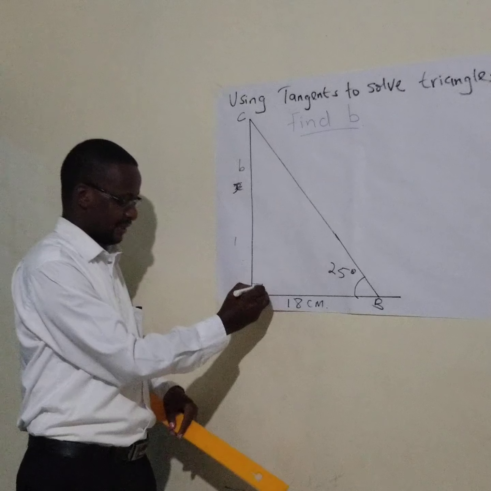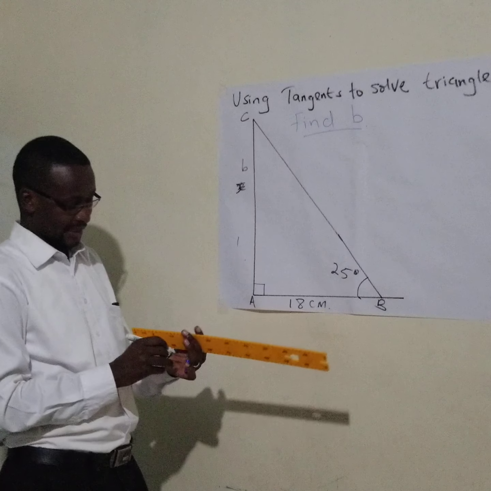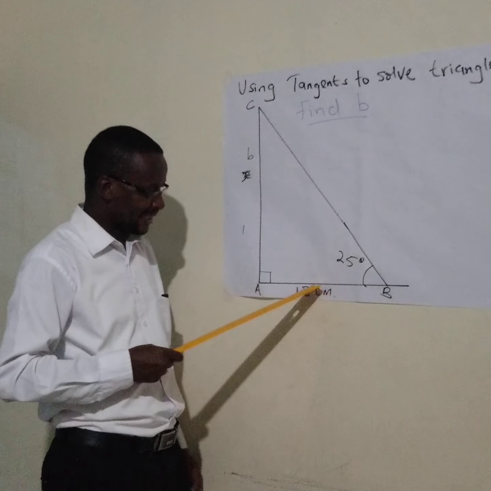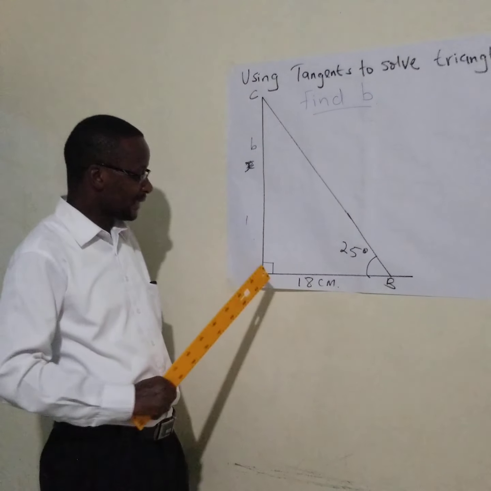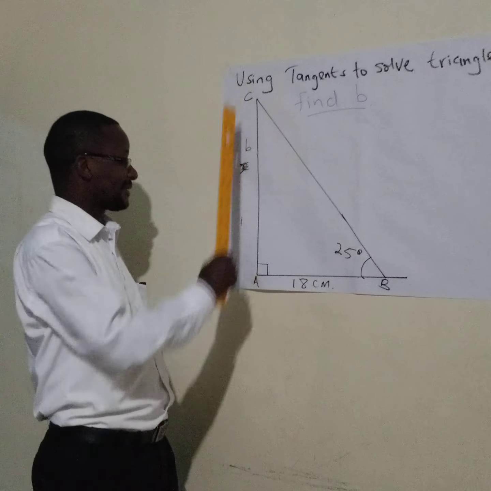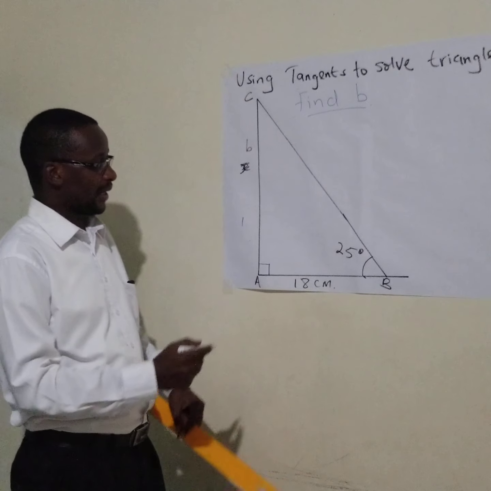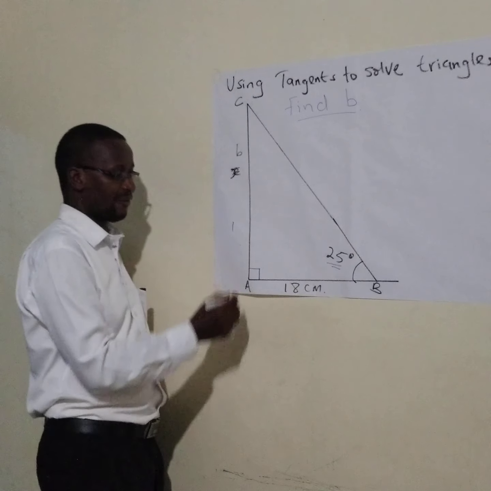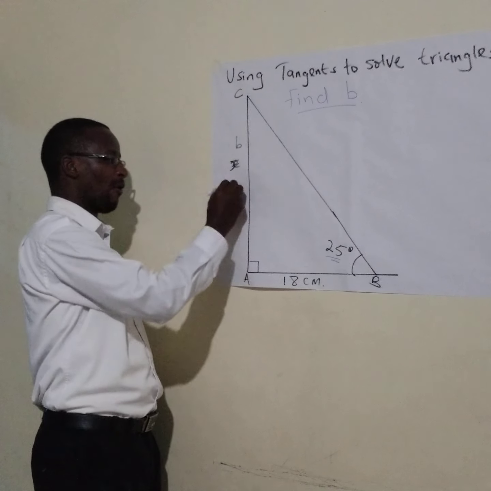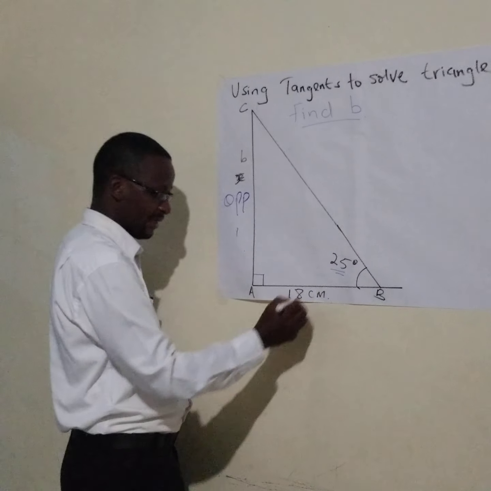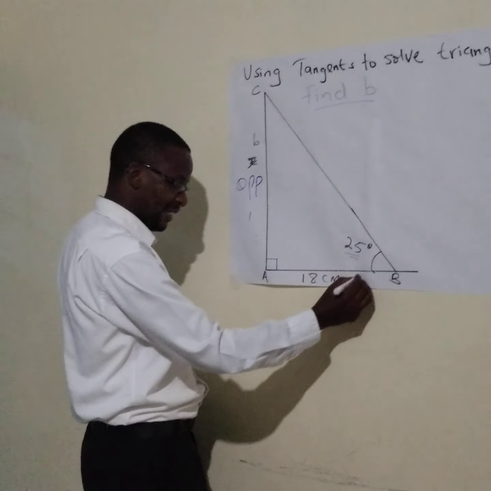This is a right angle. As I said, trigonometry 1 deals only with right angles. AB is 18 centimeters. So we want to get the length of AC, side B. According to this angle 25, this side B will be opposite, and this side AB, which is side C, will be adjacent.